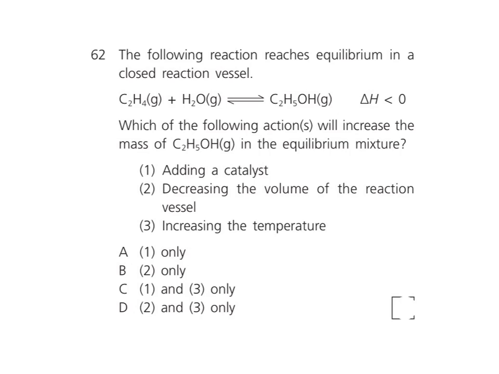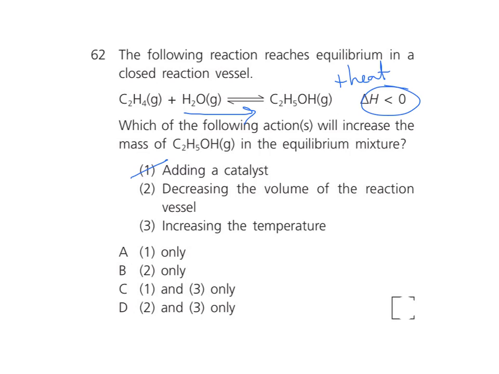We've got C2H4 and water making ethanol, and it's again an exothermic process. Which of the following would increase the mass of ethanol in the equilibrium mixture? In other words, what would cause this equilibrium to shift forwards? Well, we just saw that catalysts don't affect equilibrium.